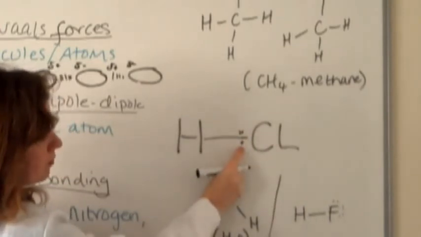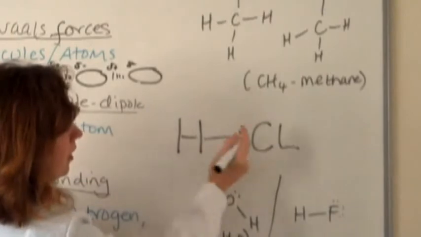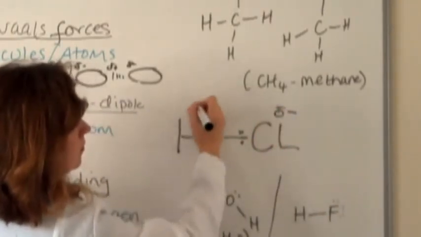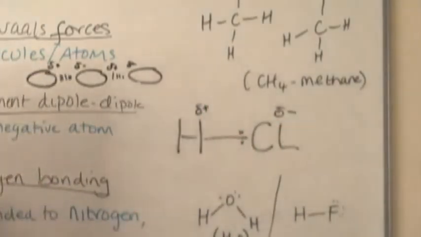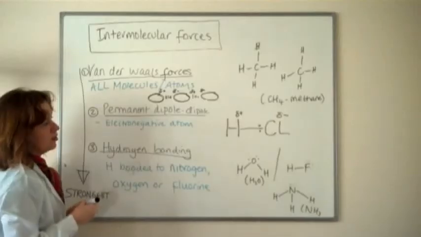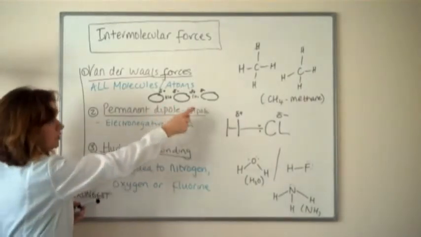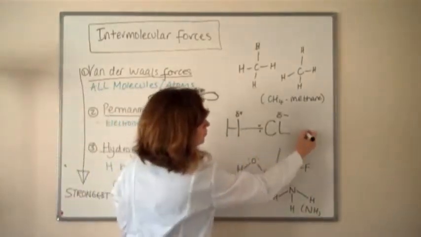So the bonding pair will sit closer to the chlorine because it's more electronegative than the hydrogen, and you set up a charge here. And that actually is permanent, that stays fixed, it doesn't move like these ones here.